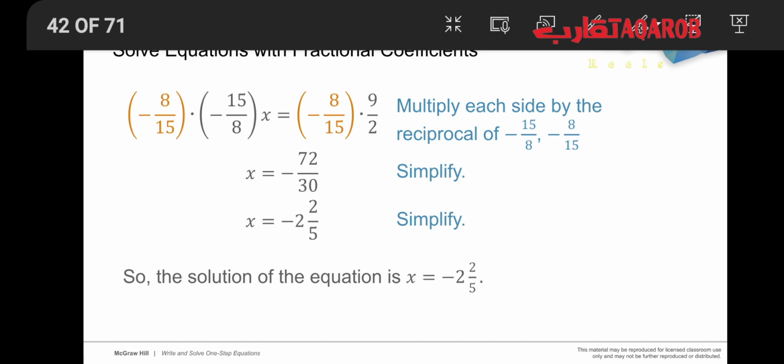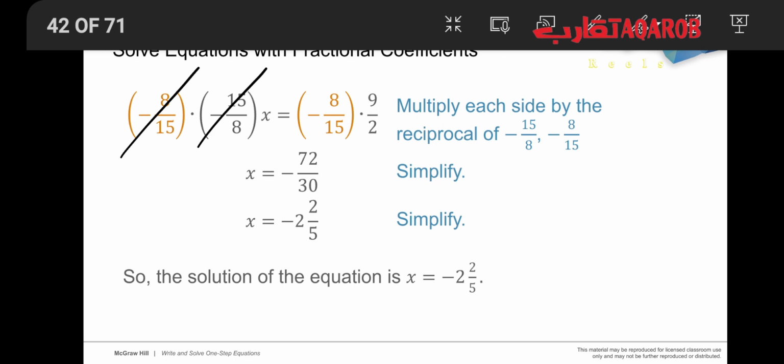When you multiply a number or fraction by its reciprocal, the answer will be 1. And here, negative 8 over 15, I will multiply it by 9 over 2.